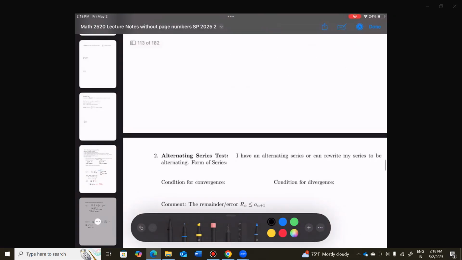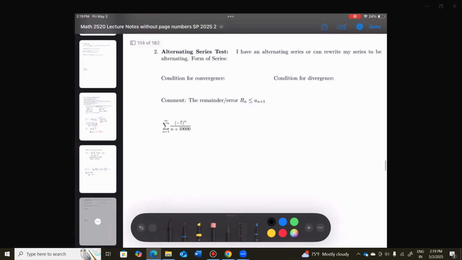Alright, so alternating series test. This is one you can look at when you have negative signs involved.